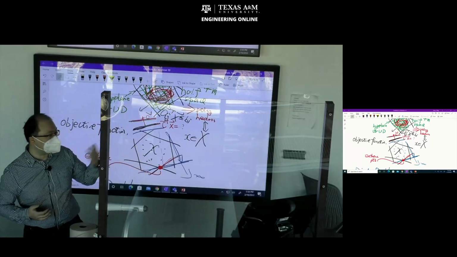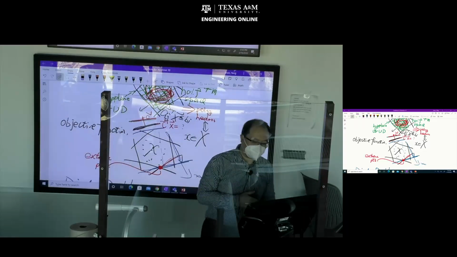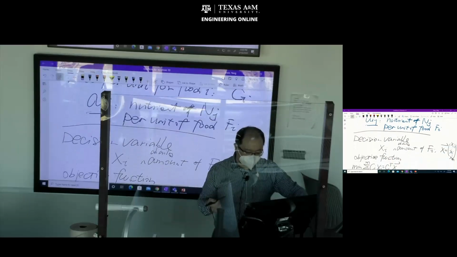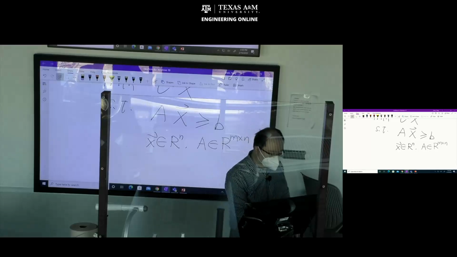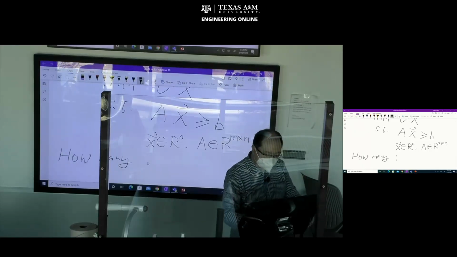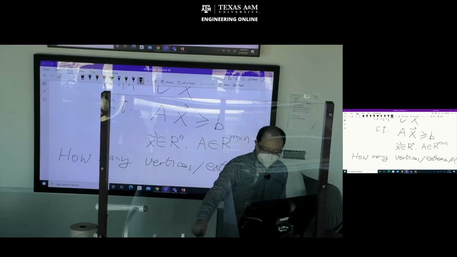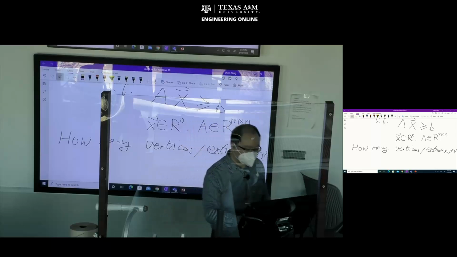Let's say there are m constraints and the decision variable is in the n-dimensional space. How many extreme points? Anyone? How do you get a vertex or extreme point? What do you need?